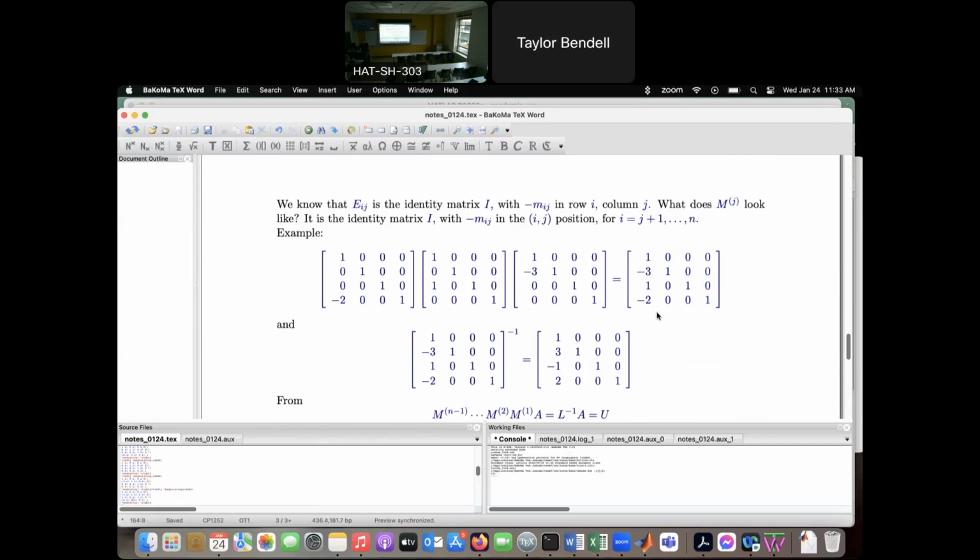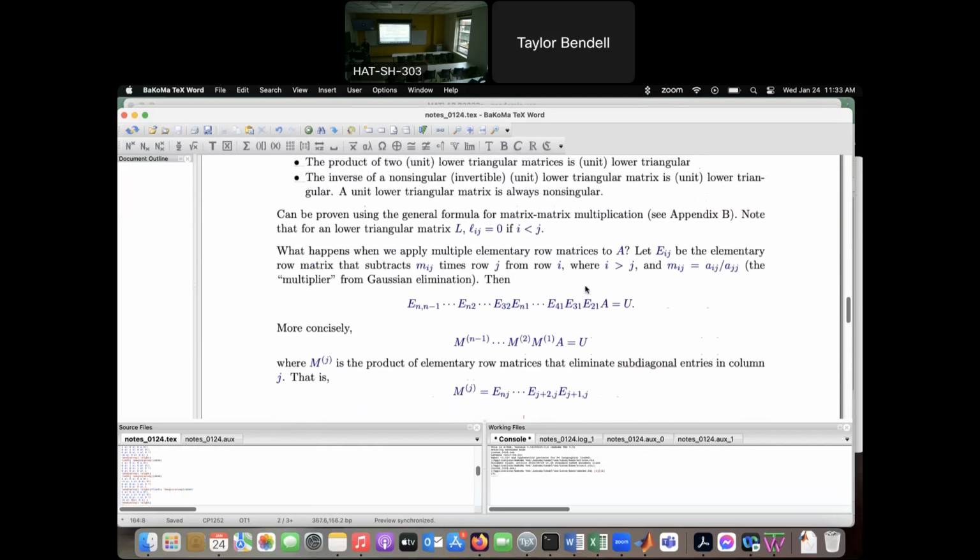And on top of that, why did we multiply all these together? Well, because that's what's happening: A is getting multiplied by all of these. What we want to do is understand what this entire product is. But as an intermediate step towards that, we're going to understand what happens with one column at a time.